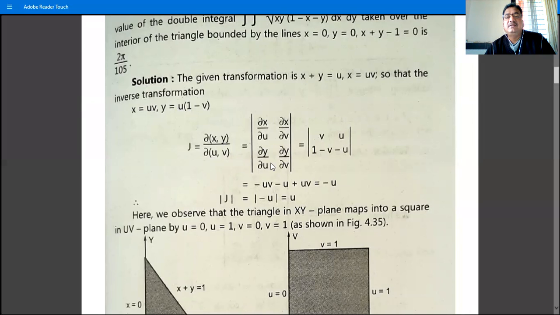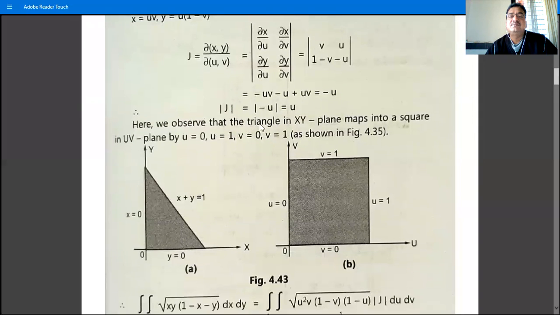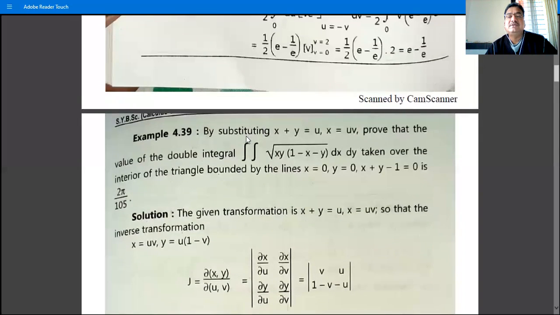In this way, del y by del u is 1 minus v, and del y by del v is minus u, and then its value is minus u, and its mod is plus u. So this is the Jacobian.